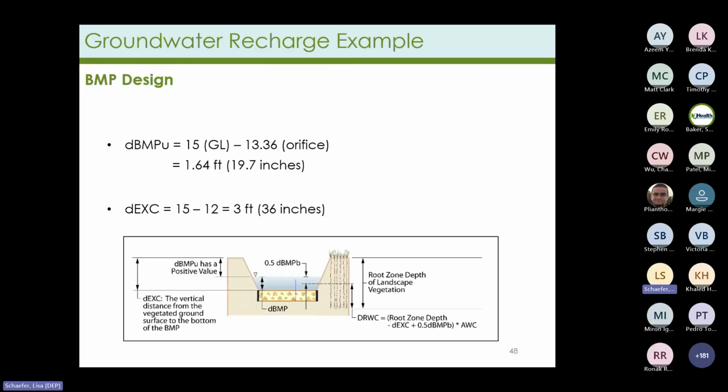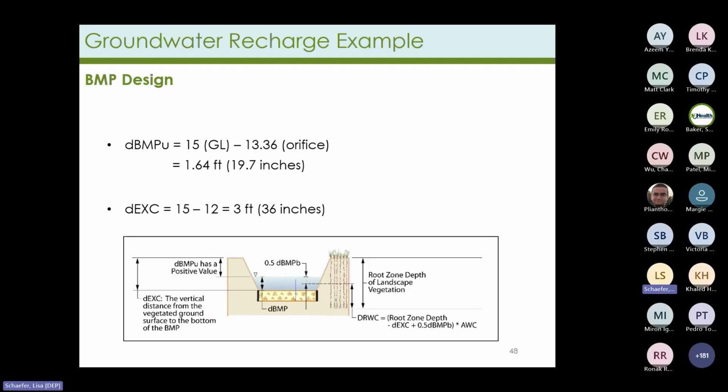Since the maximum water level before overflow is at 13.36, the dBMPU, which is the vertical distance from the vegetated ground surface to the maximum water surface elevation in the BMP, is therefore 15 minus 13.36, which is 1.64 feet.